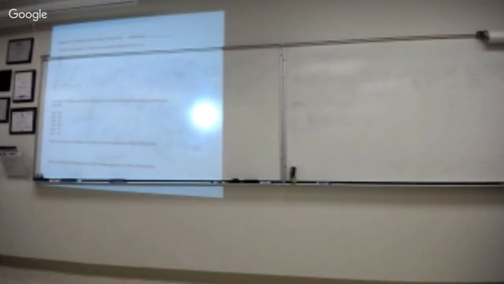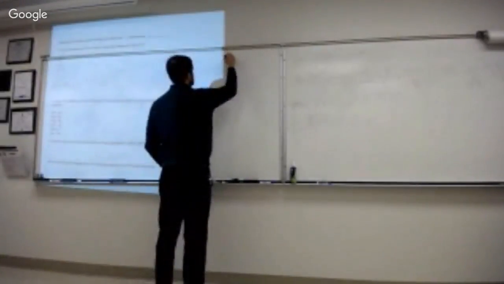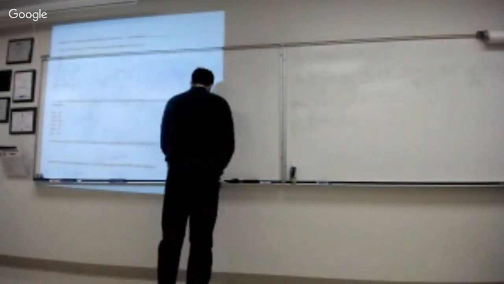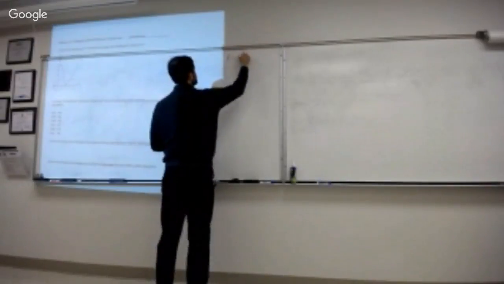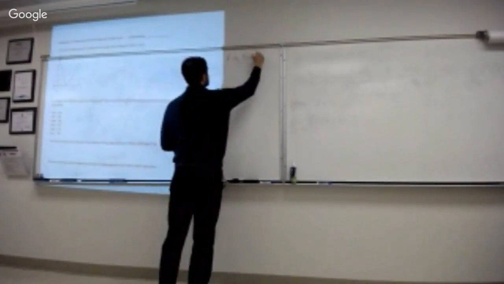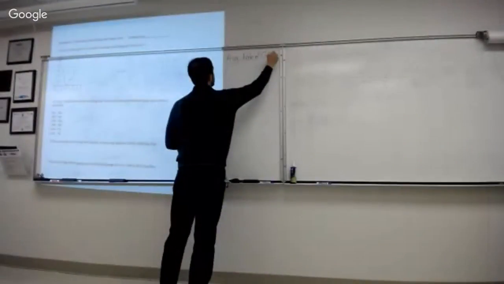Use the graph of f to evaluate the average rate of change from 2 to 4. Now again, it probably wouldn't hurt if we had these definitions handy nearby. What does average rate of change mean? Average rate of change is referring to what? The secant. Yeah, exactly.